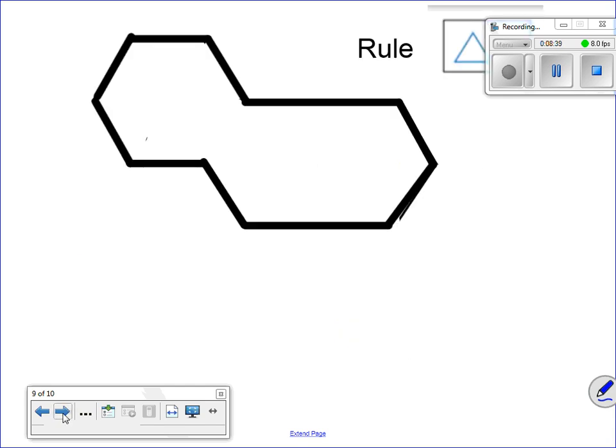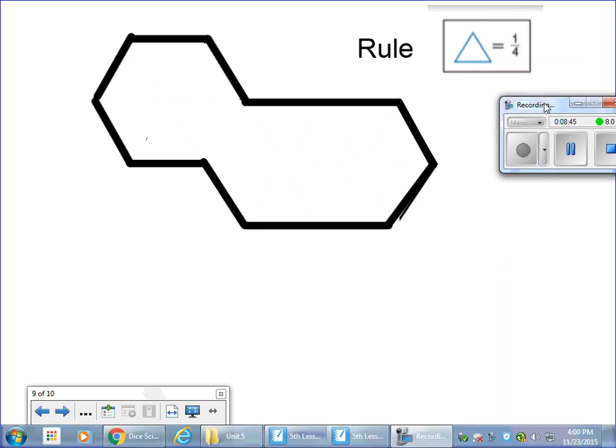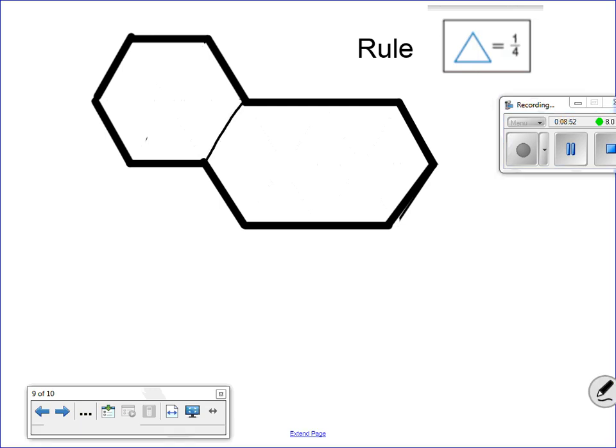Now, I think I have enough time to show you this last problem, okay? You're going to see a problem like this today. Here's your rule. A triangle is 1/4. So I'm going to take a look at this shape right here. I'm going to break this apart into triangles, okay? Okay, here's another one.